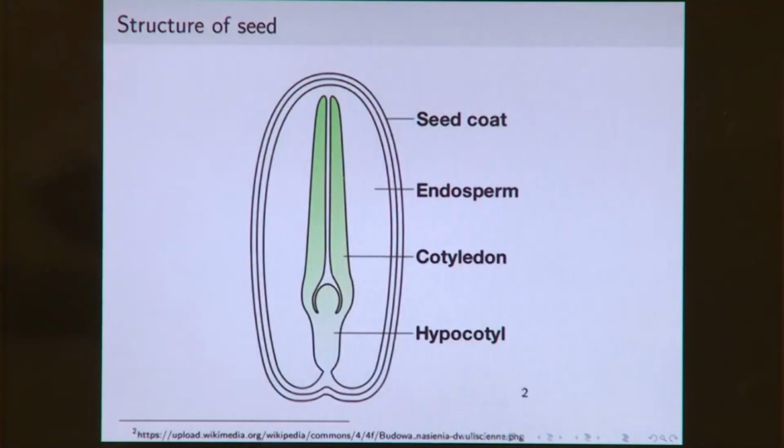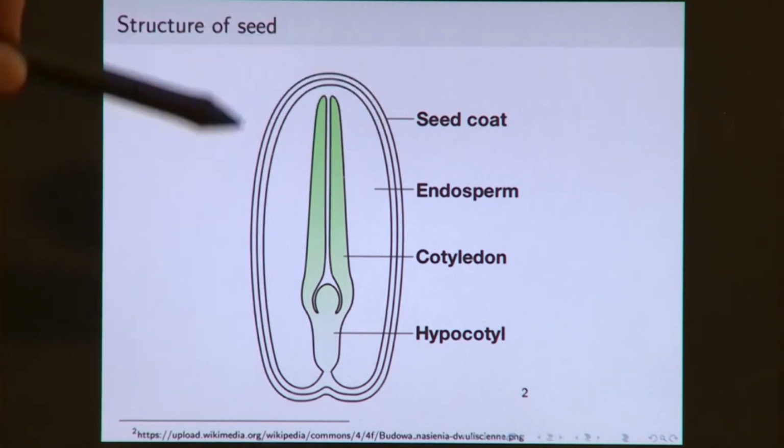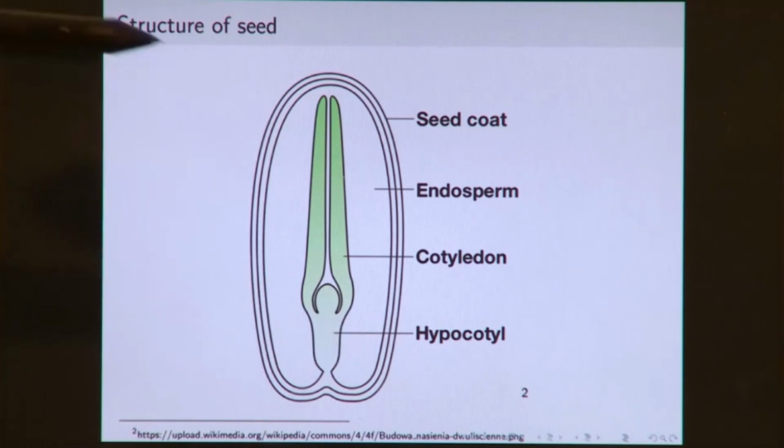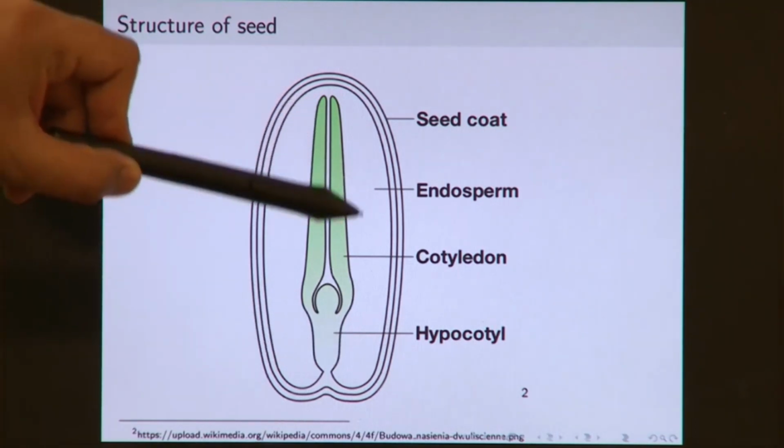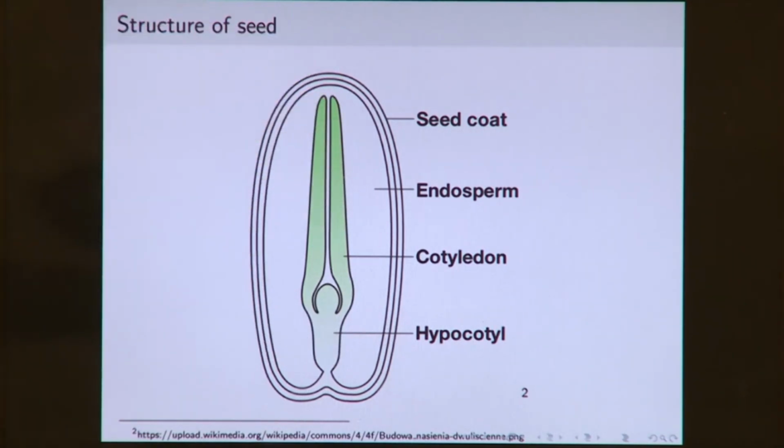If you look at the structure of a seed, this is what it looks like. Here you have the seed coat, which is the outer tough layer that protects the seed. Endosperm is the food for the embryonic plant till it is able to form its leaves and start photosynthesis, through which it will make its own food.